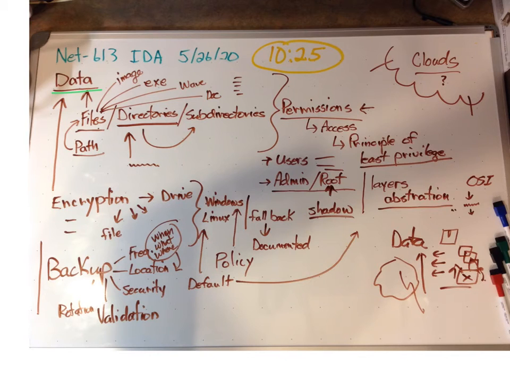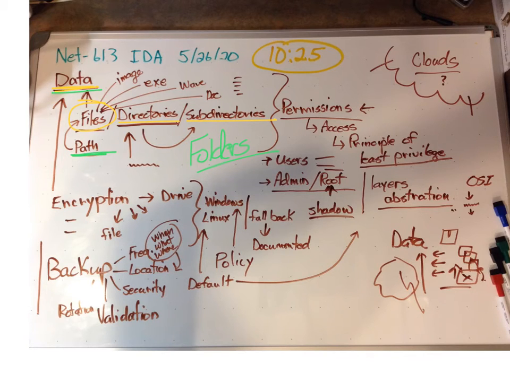You'd think we had talked enough about data. Now, files, directories, subdirectories, put those together in some type of path. And the term folders, I don't mind if you use folders.